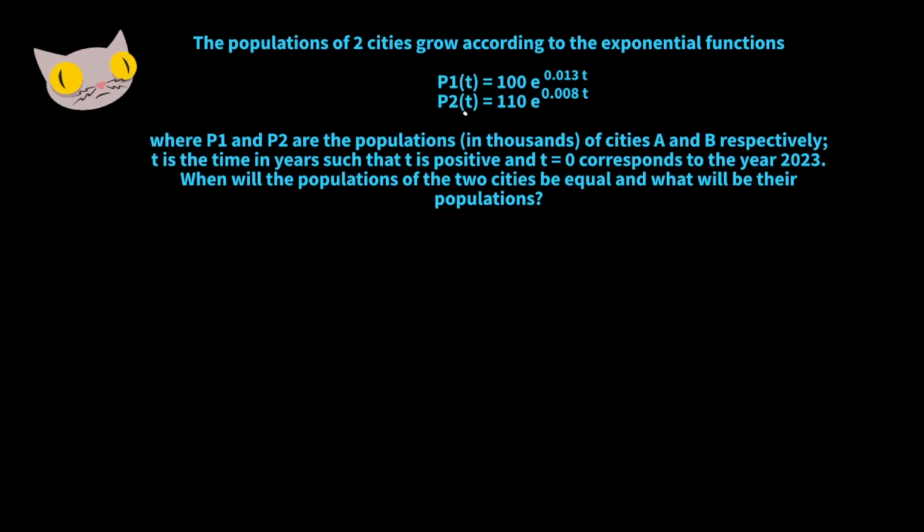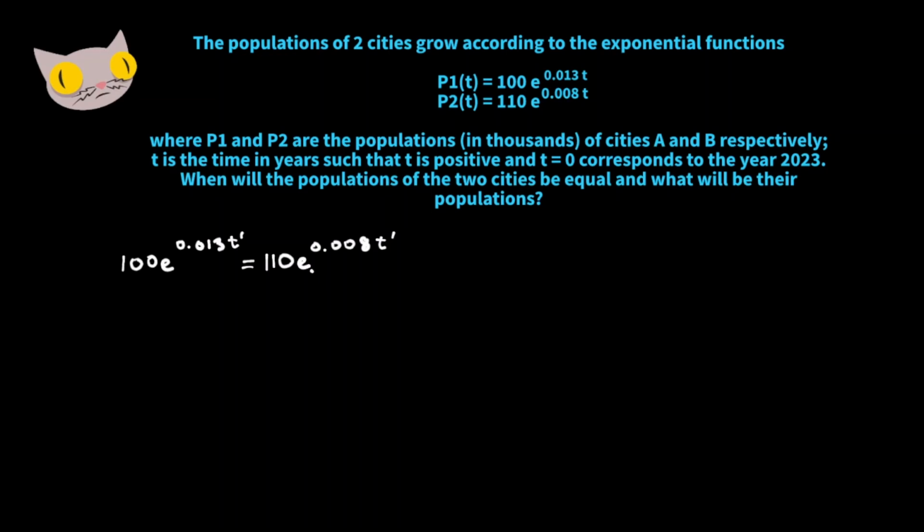So first, let's set P1 and P2 equal to each other. So we have P1, which is 100 times e to the 0.013 t power. And we'll set that equal to 110 e to the 0.008 t power. And let's make these t's t prime, signifying the time that these two populations are equal.